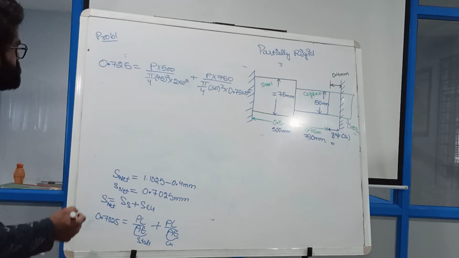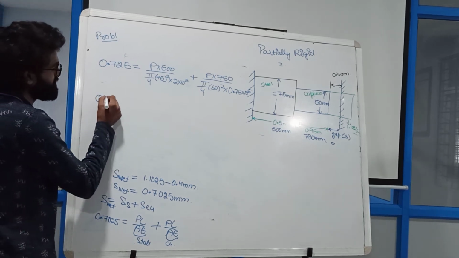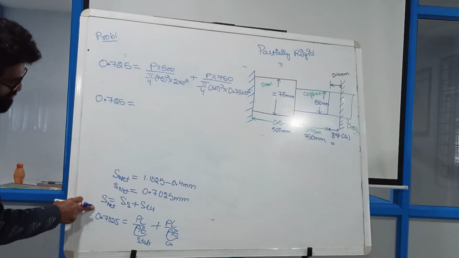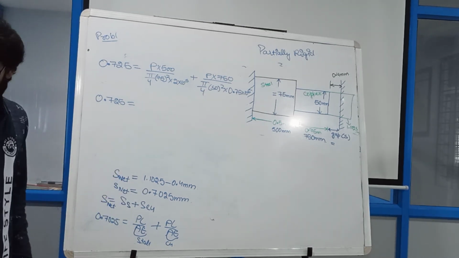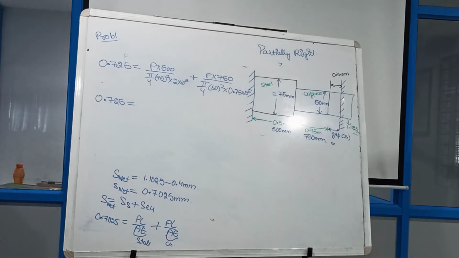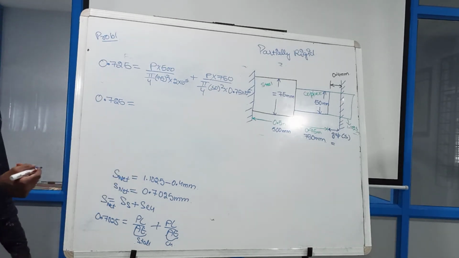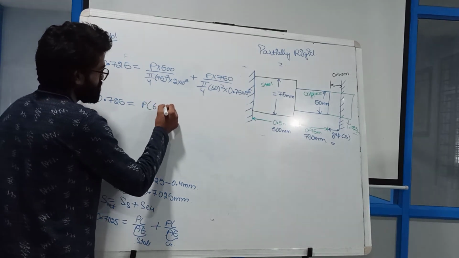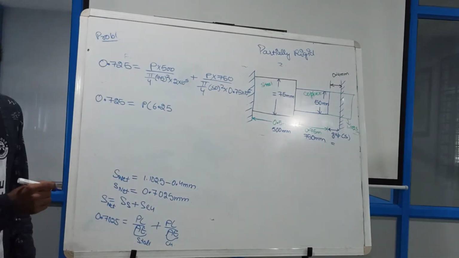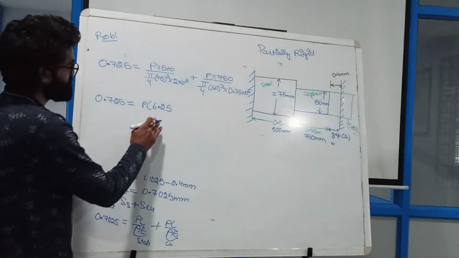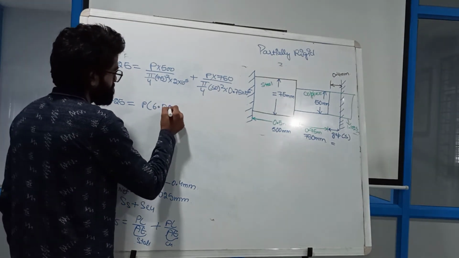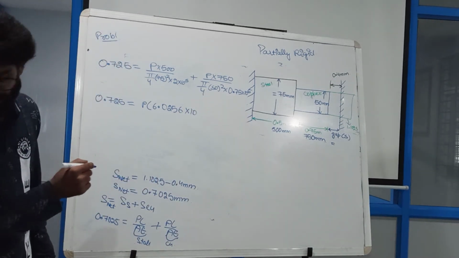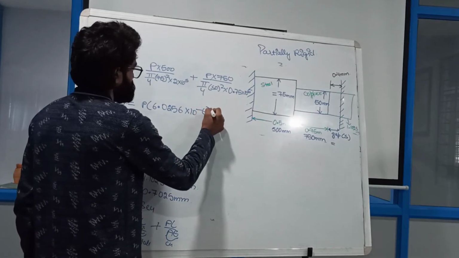If I solve this, then I will get 0.25. This is the total net, already I calculated the total net. So after simplification, I am going to get P into 6.025256 into 10 raised to power minus 6. This is what I got after simplification.